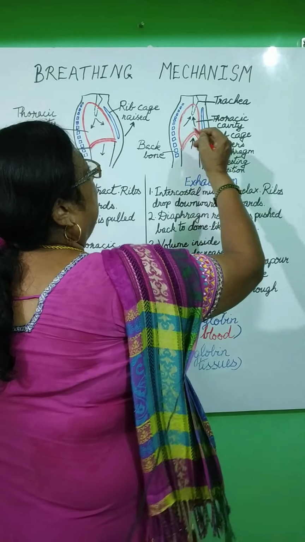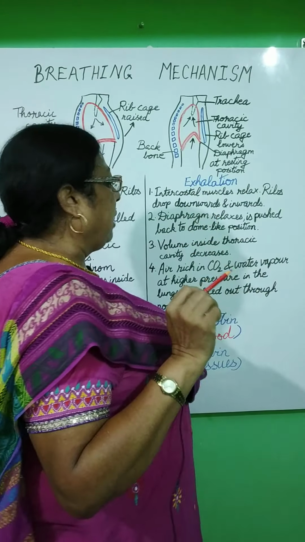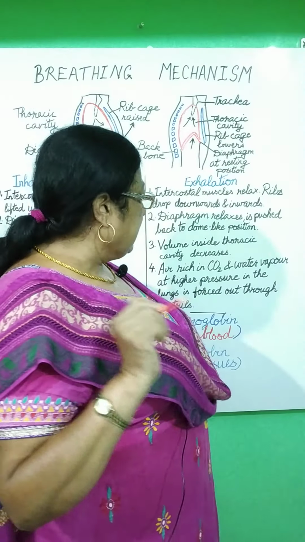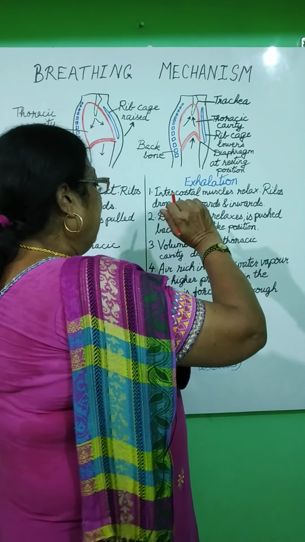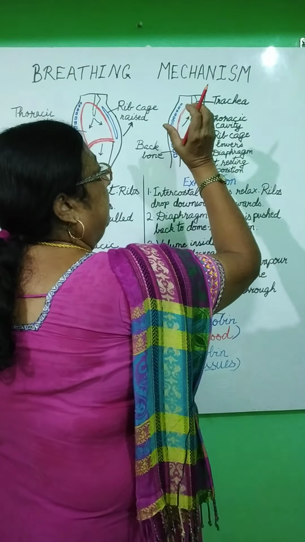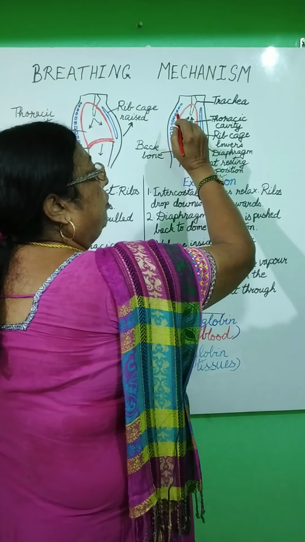Air rich in carbon dioxide, and also water vapor, is forced out from the lungs because the density of carbon dioxide increases here.